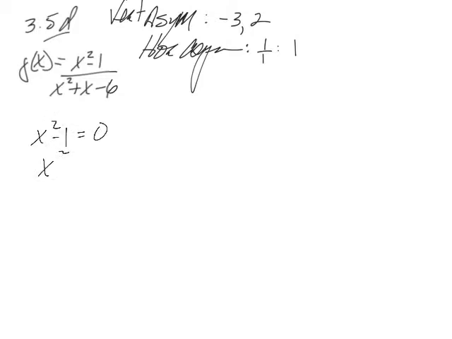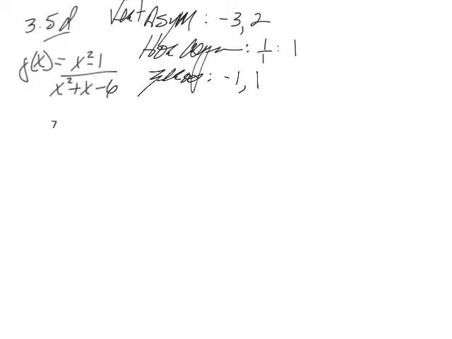X squared equals 1, so x equals plus or minus the square root of 1, or plus or minus 1. That tells me that my zeros are at -1 and 1. So that's where it's going to cross the x-axis.